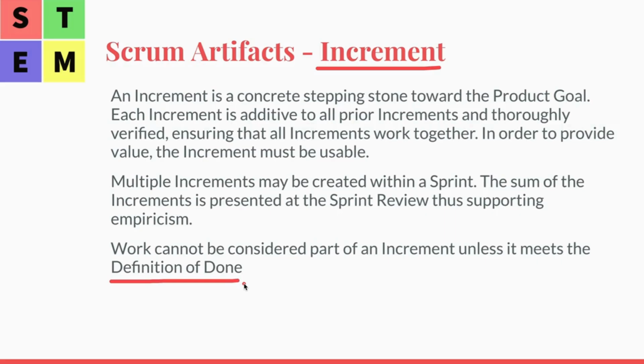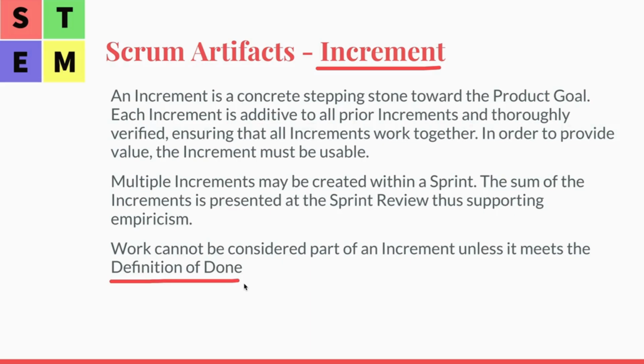So the increments are created from the picked product backlog items, which in other words, we can say the increments are tasks that are created from product backlog items. Okay, so the tasks, again, as I mentioned before, could have different statuses. So when it's done, when it meets the definition of done, it will be marked as done.